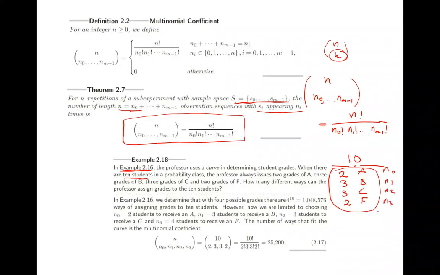So it seems that our m is going to be 4 here, right? So we simply write this equation by inserting this n0, n1, n2, and n3 into here. And then that's going to be 10 choose 2, 3, 3, 2. Okay? Which becomes 25,200.